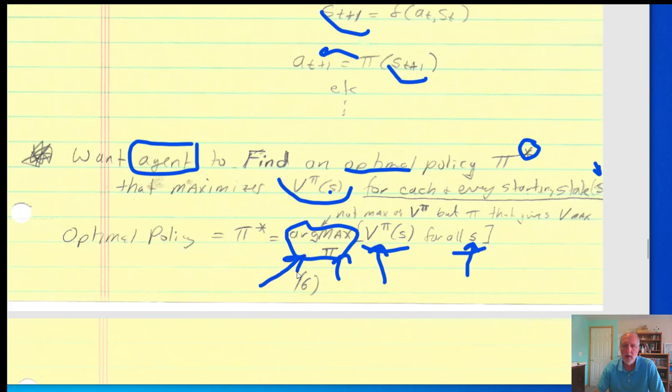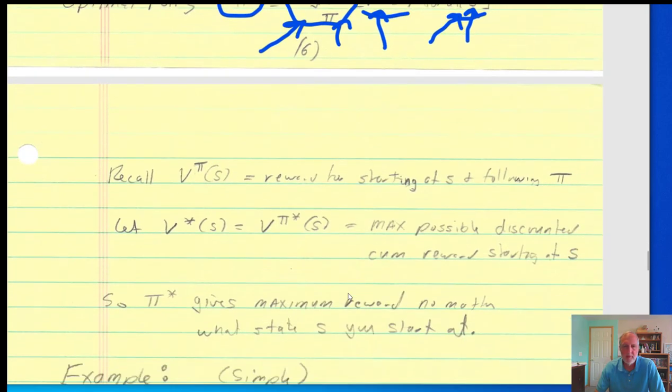And that's what the argmax says: it's not finding the maximum V, it's finding the maximum argument of the function. So it gives us the pi star that gives the max V for every single starting state in the room or the world or the environment.